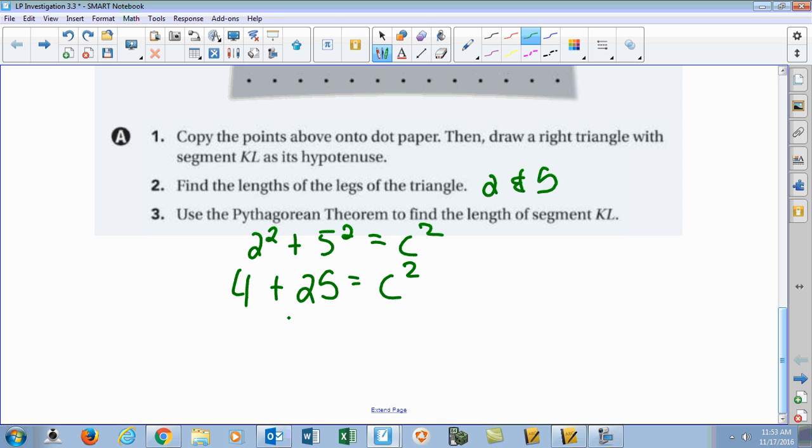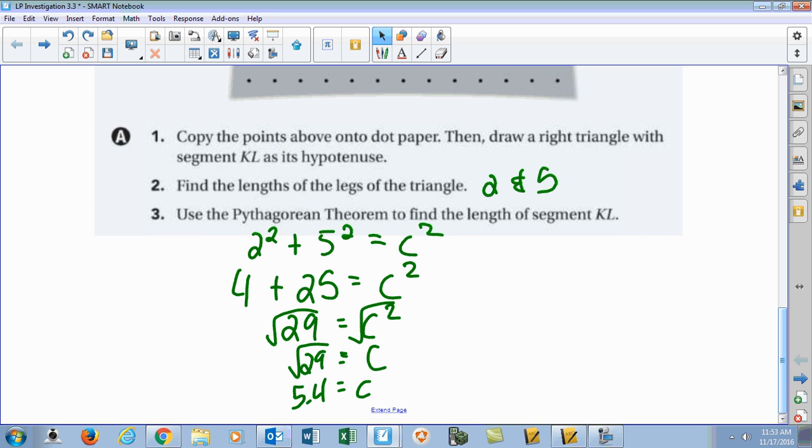So when I add 25 and 4 together, it's 29. And again, to isolate C, I want to square root both sides. And when I square root both sides, I get C equals the square root of 29. Or if you want to break the square root of 29 down, it's 5.4. So how many groups got 5.4? All right, good.